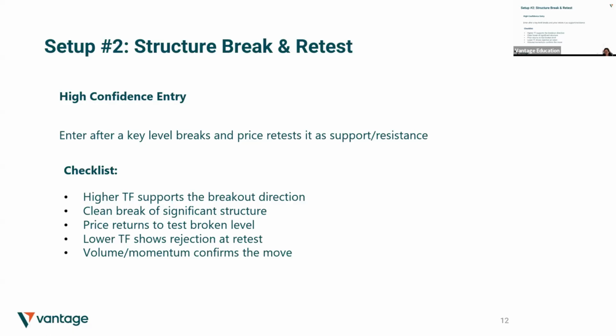The checklist: higher time frame supports the breakout direction, a clean break of significant structure, price returns to trade the broken level, the lower time frame shows rejection at the retrace, and volume or momentum confirms the above. What does this mean?